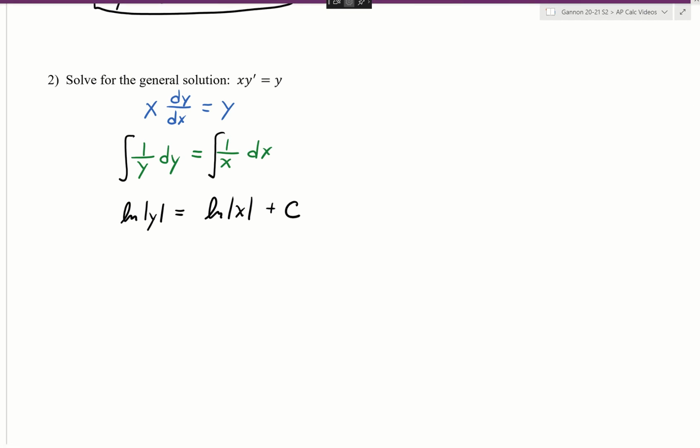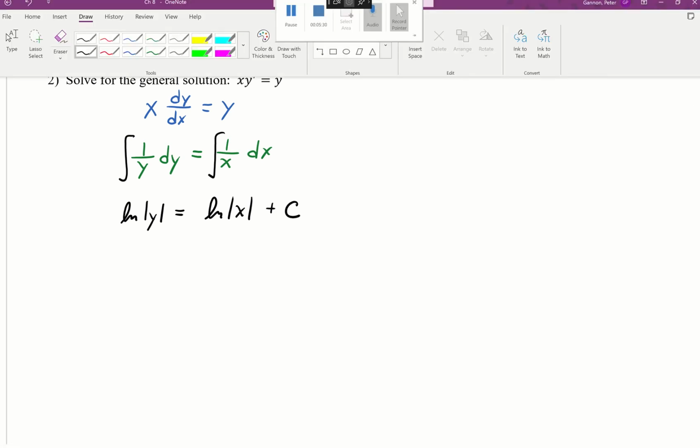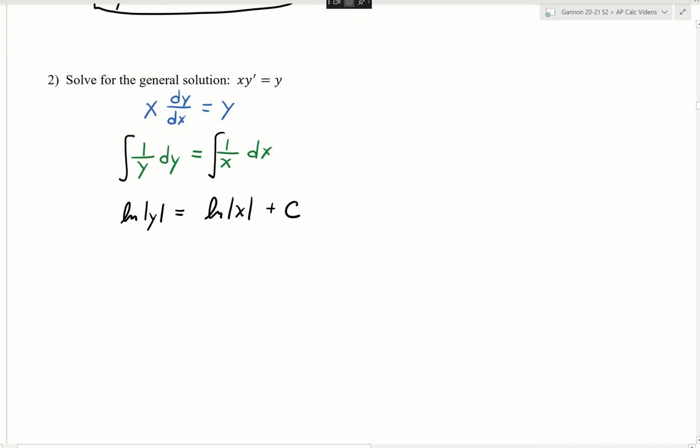All right. Now, what we want to do at this point is we need to get y alone, which means we have to cancel out ln. So you want to try to think about what is the inverse of natural log? Well, it's base e. So we're going to take base e on both sides. All right. When we do that on the left side, we end up with y equals.